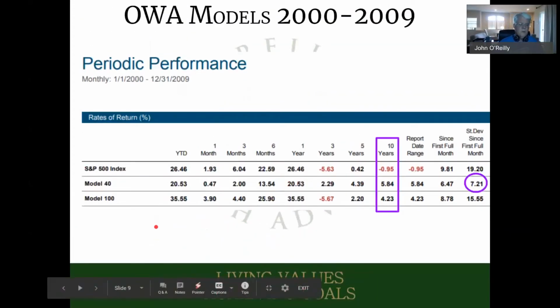So here we have performance of the O'Reilly Wealth Advisors Model 40, which means 40% stock, 60% bonds. Comparing that to the S&P 500 and the Model 100 for O'Reilly, which is the 100% stock. And we can see that the Model 40 won out with a 5.84% annualized return during that time, and the Model 100 4.2% versus the S&P 500 index at negative 0.9% annualized return.